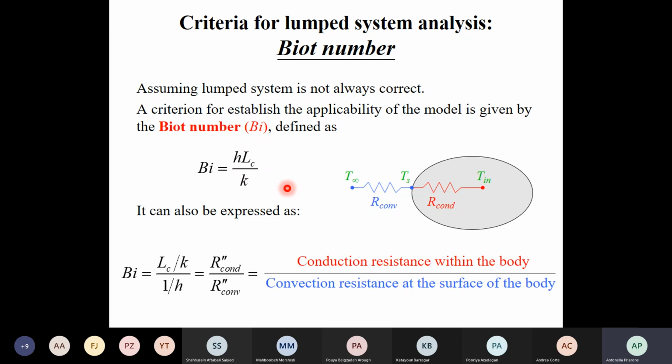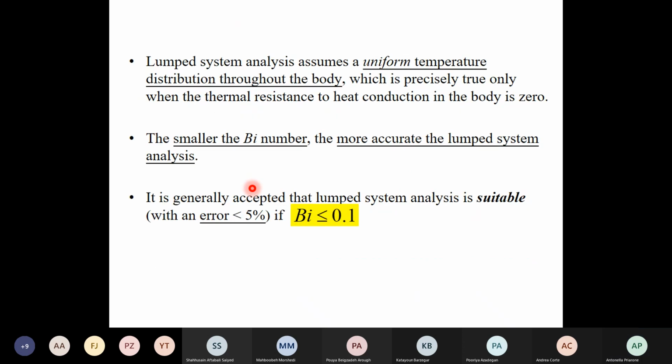You have the Nusselt number, which is absolutely similar to this one, but the Nusselt number has h and k of a fluid. The Biot number has h of a fluid, k of a solid body. Okay, the difference between the Biot number and the Nusselt number is that the Biot number considers h of a fluid, obviously, and k of a solid body.